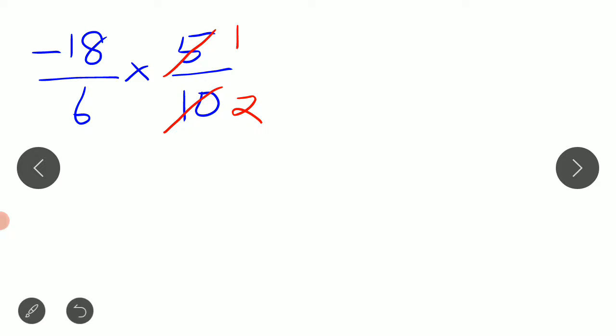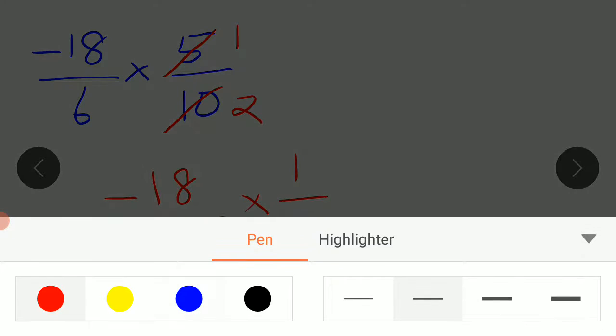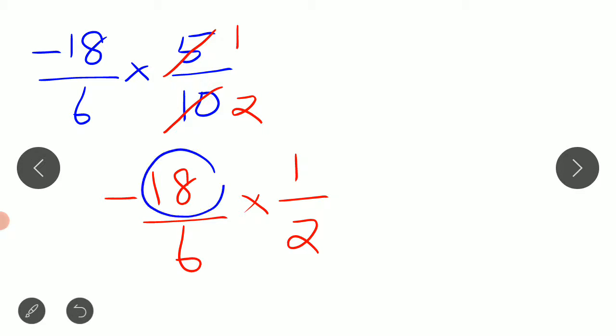Now again you check whether there is any numerator and denominator having a common factor. I don't have space there, so let me copy the number. I'm just copying with negative because we will have the answer with negative only. Now the remaining I picked up is 1 by 2. Again check here. We can take 2 pairs. 18 and 6 both have common factor 6, or 3 also you can take.